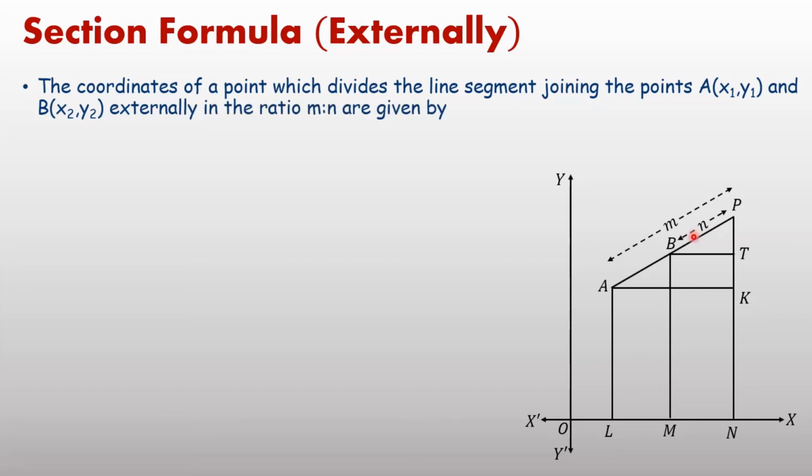It is known as external division. Till now it is not in the class 10th syllabus, but you should know it because in higher classes after class 10th there is use of this formula, and for competition purposes it is also important.